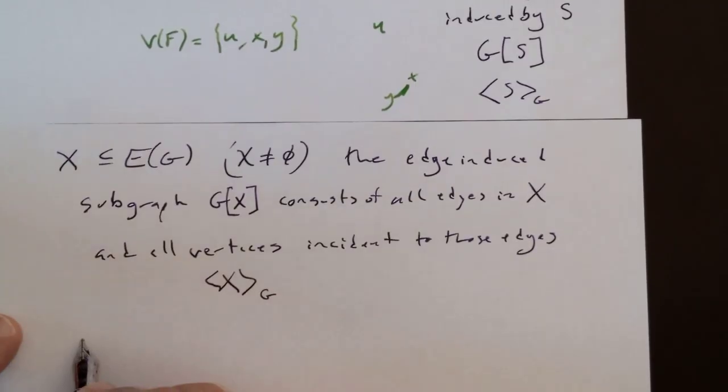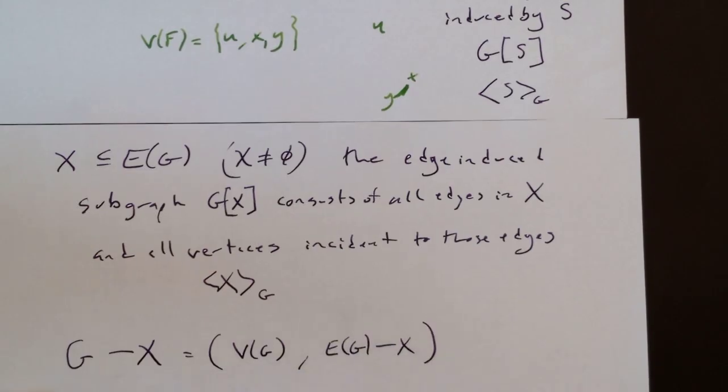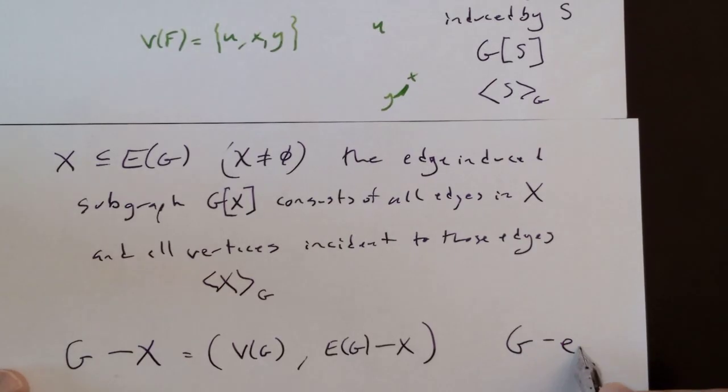I could think of G take away X as having the same vertex set, but taking away the edges. If I want to take away a single edge, I could just write G minus that edge.